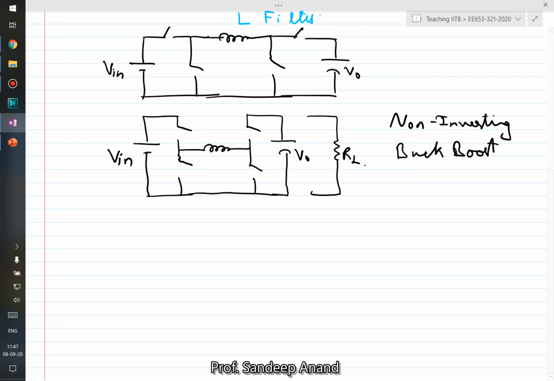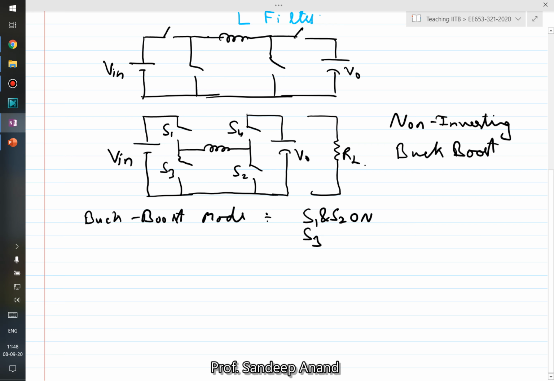There are multiple ways of operating it. Let's call these switches S1, S2, S3, S4. One of the modes of operation is the buck boost mode, and that is you first turn on S1 and S2, and S3 and S4 are off.